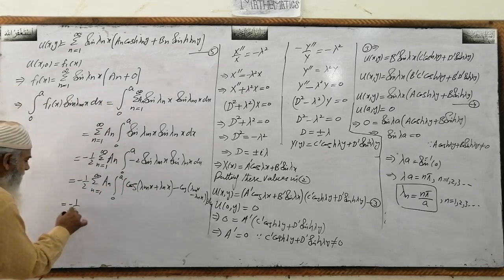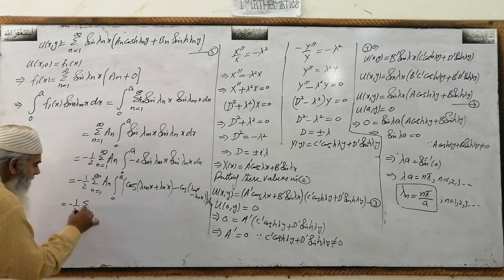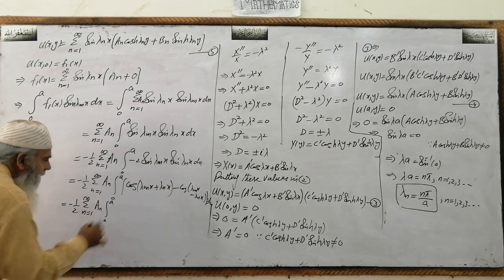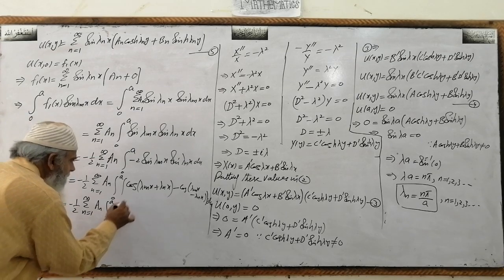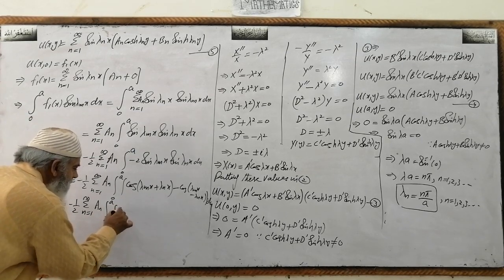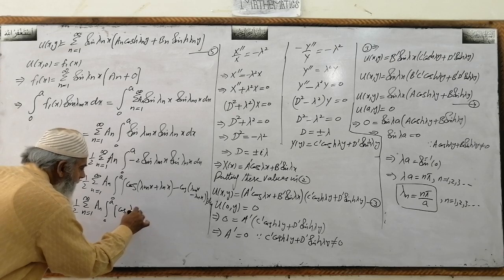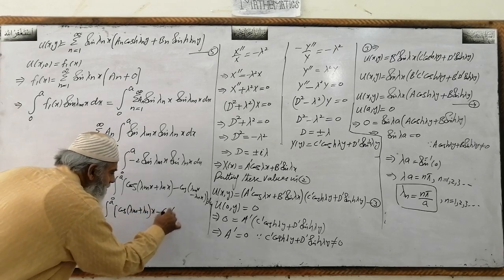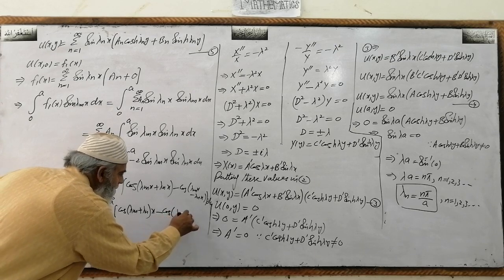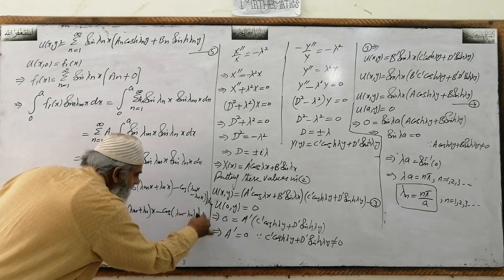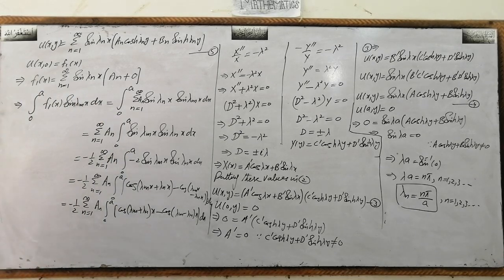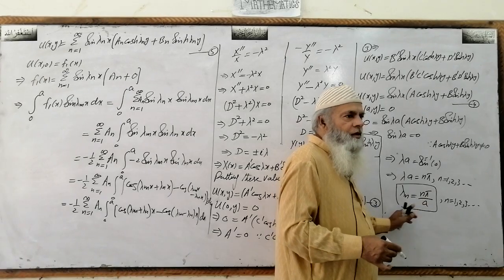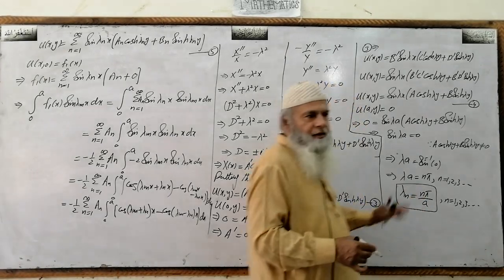This will become minus 1 by 2 sigma n varies from 1 to infinity a_n integral 0 to a. We can write it as cos of (lambda m plus lambda n) x minus cos of (lambda m minus lambda n) x dx. Clear? Now look at the eigenvalues. If lambda n is equal to n pi over a, lambda m will be m pi over a.